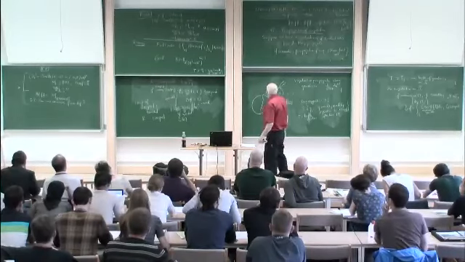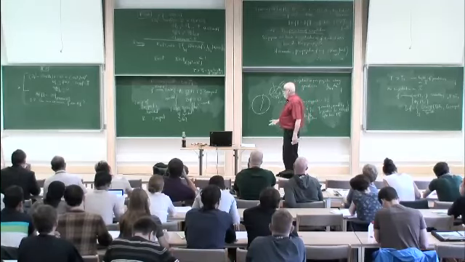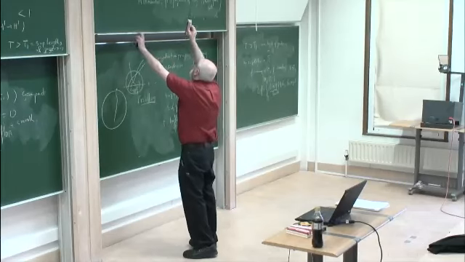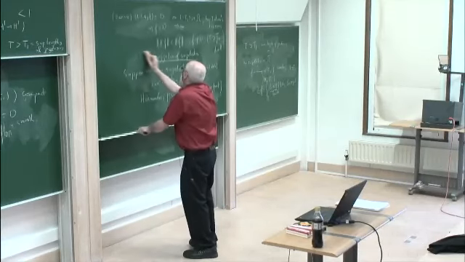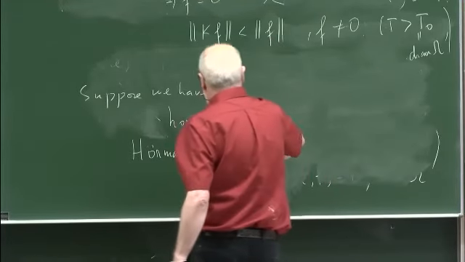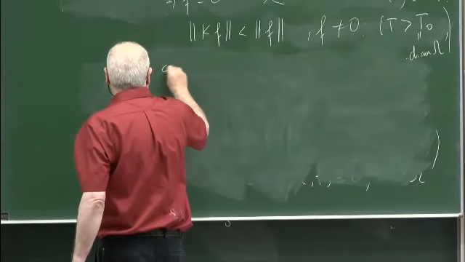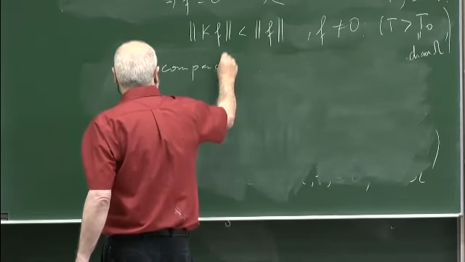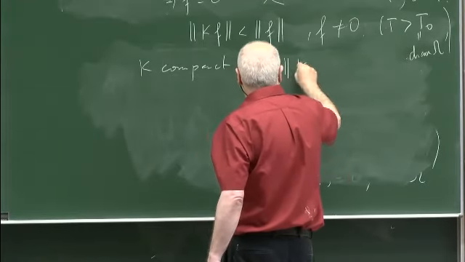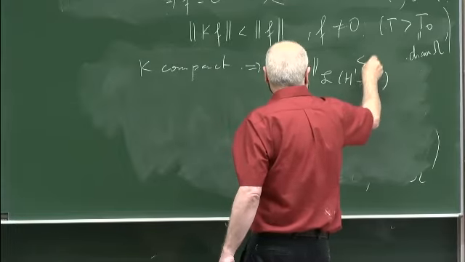This is a fact from functional analysis, very easy to check: suppose K is compact, then this implies the norm of K as a bounded operator from H1 to H1 is strictly less than 1.